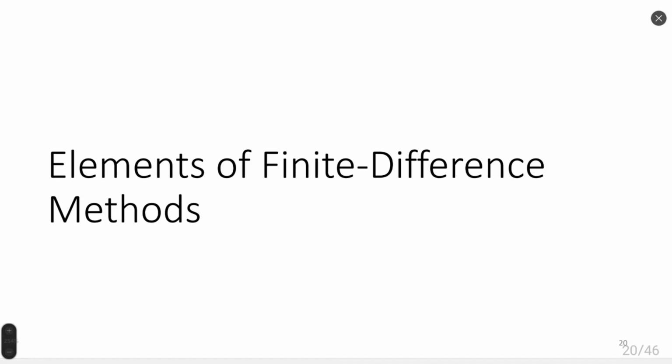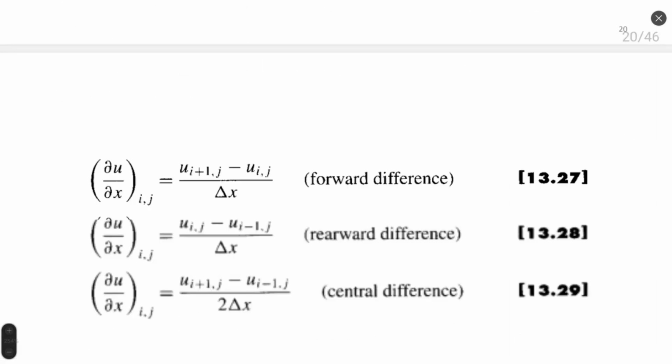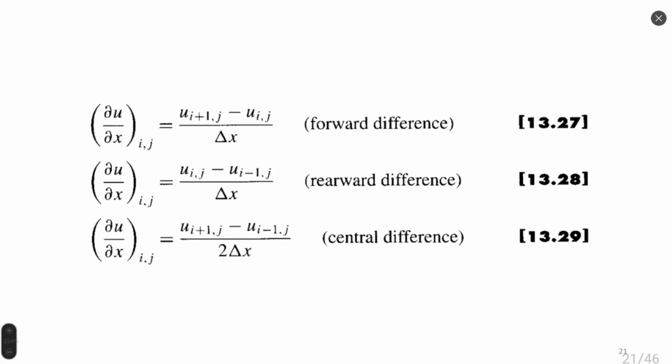Probably you already know a lot, so I will repeat some parts which would, I hope, complement your knowledge. The finite difference method is built on the transformation of differential equations to algebraic equations, or algebraic equation systems.